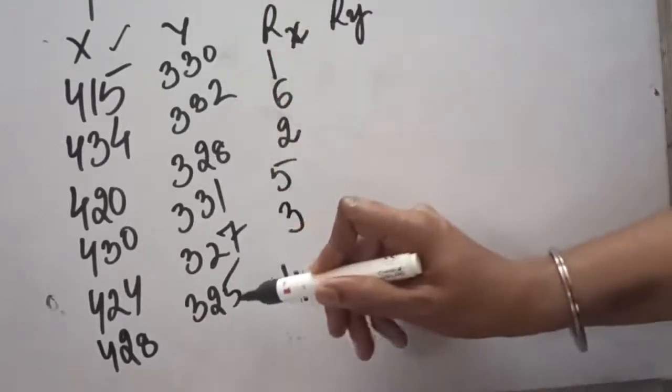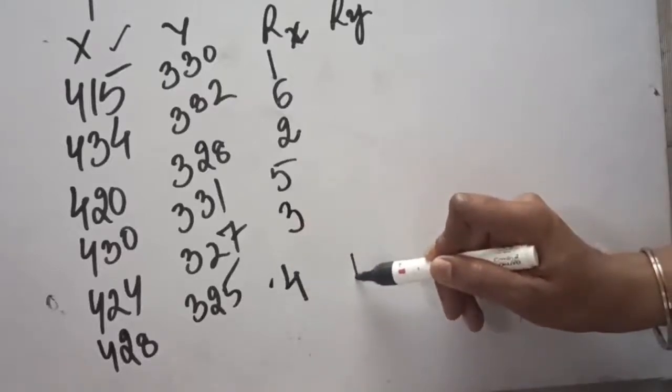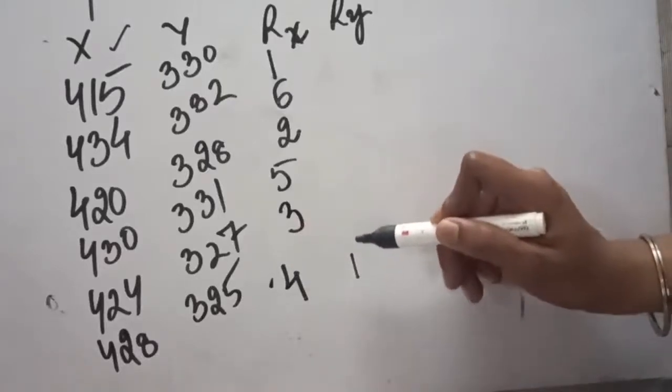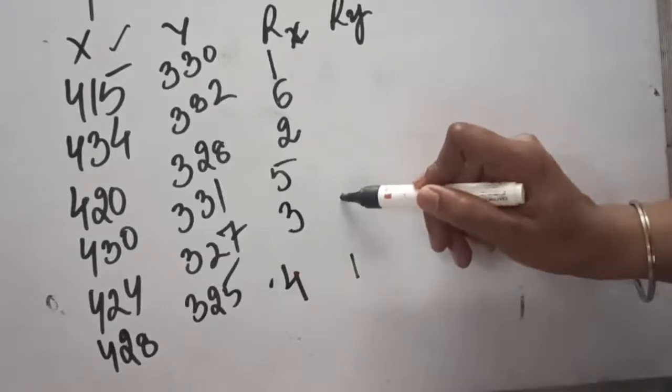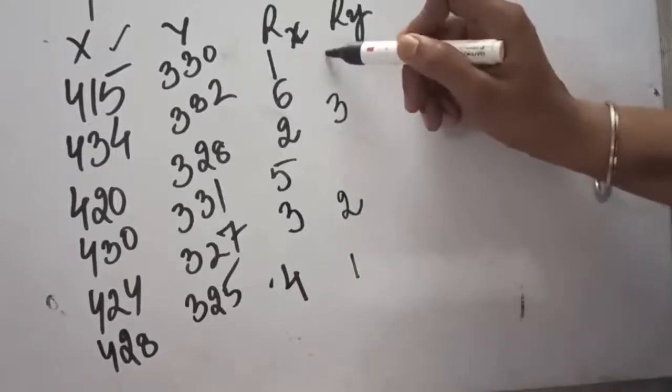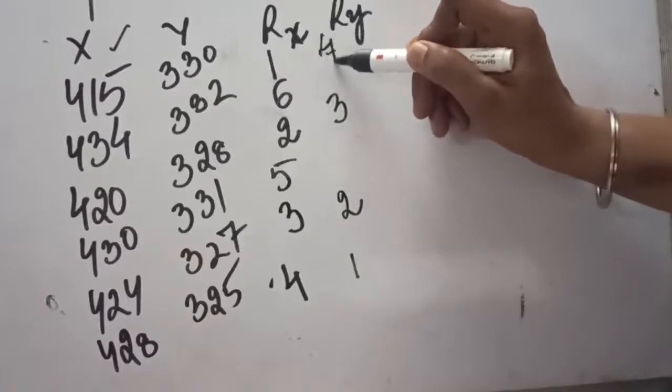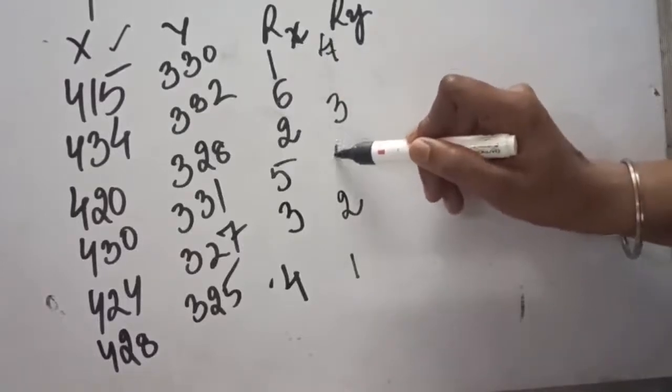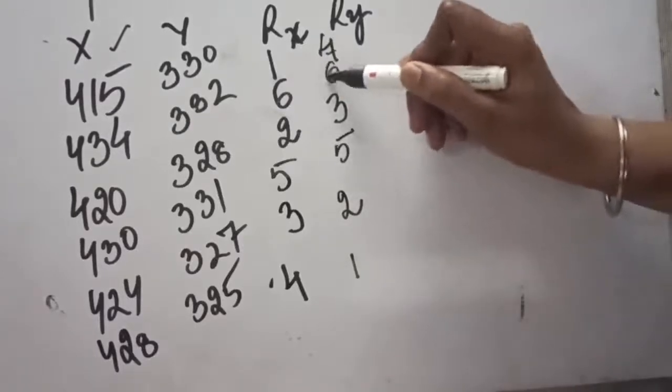I can see the smallest number is 325, so I am giving here 1. Then 327 is 2, 328 will be 3, 330 will be 4, 331 will be 5 and 332 will be 6. So here also no number was repeated. That is why it's a case of when ranks are not repeated.